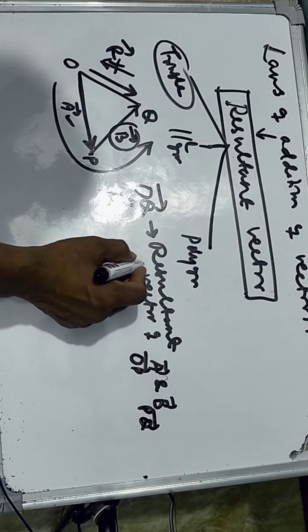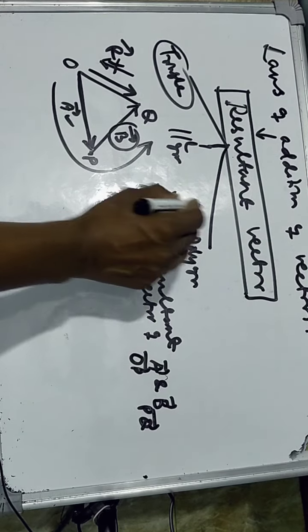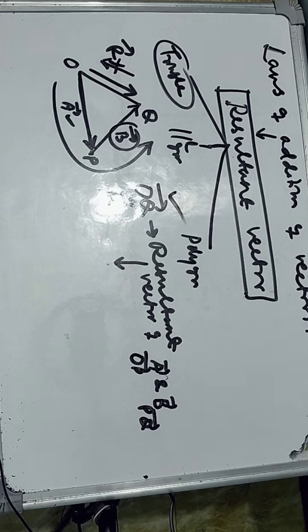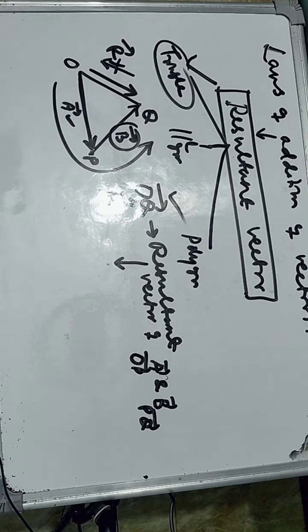This is the resultant vector of these two vectors, whereas its magnitude is OQ and direction is from O towards Q. This is the triangle law of addition of vectors.